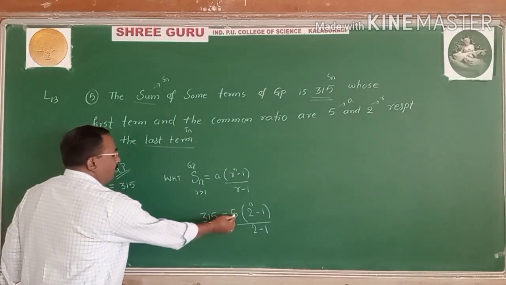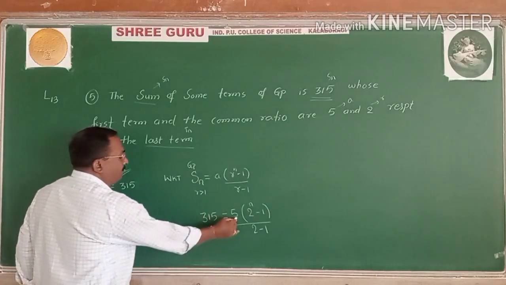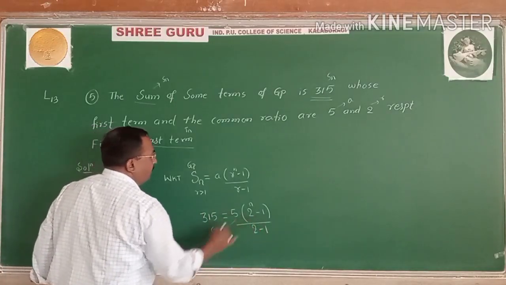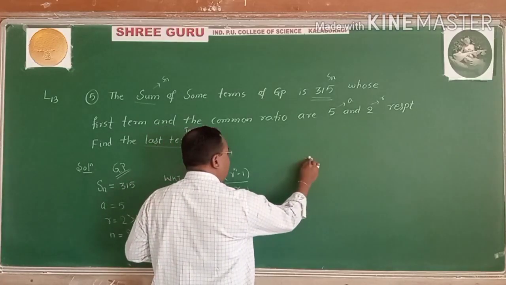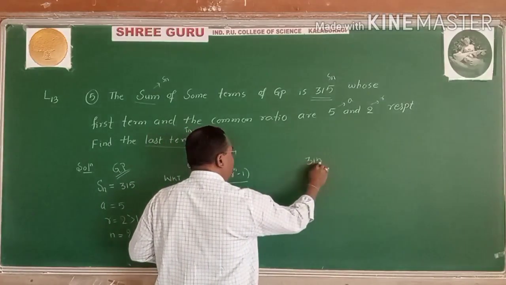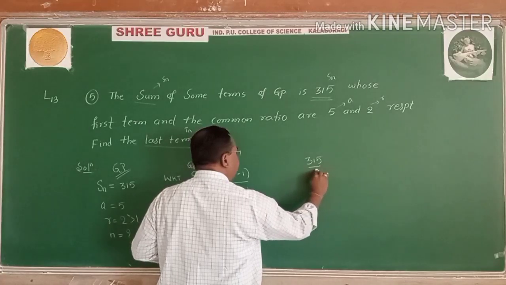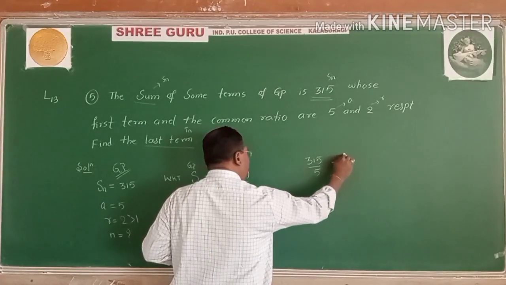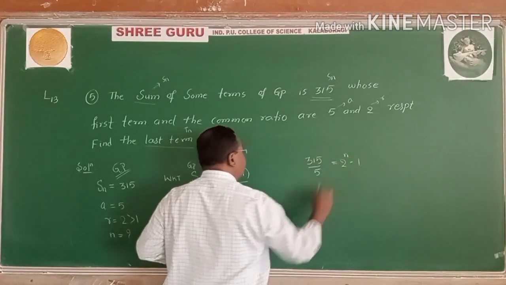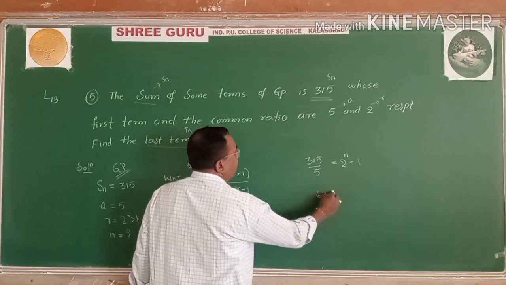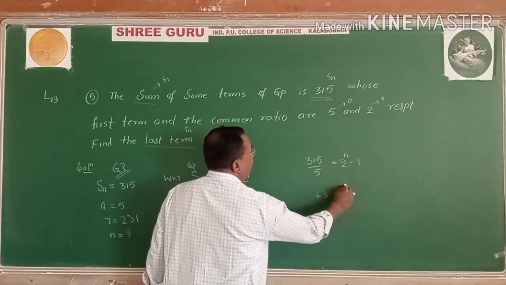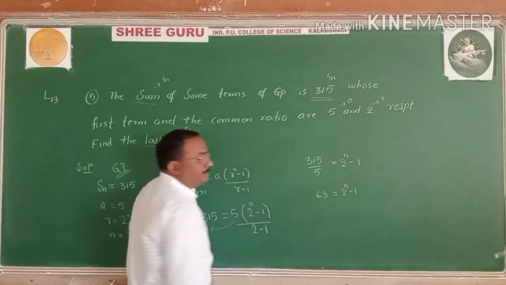Take 5 to the left, divided by 5. 315 divided by 5 is 63, equal to 2 to the power n minus 1.